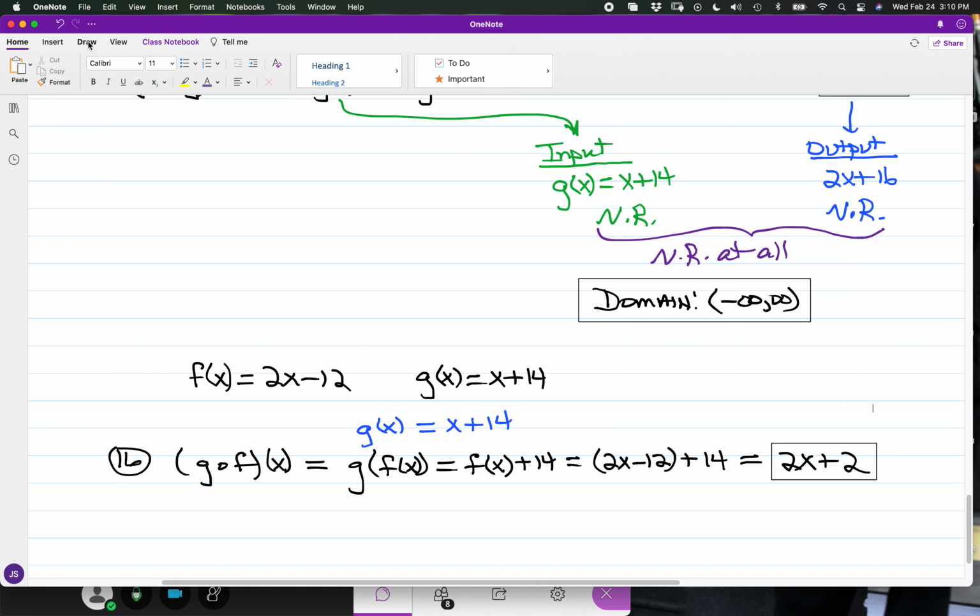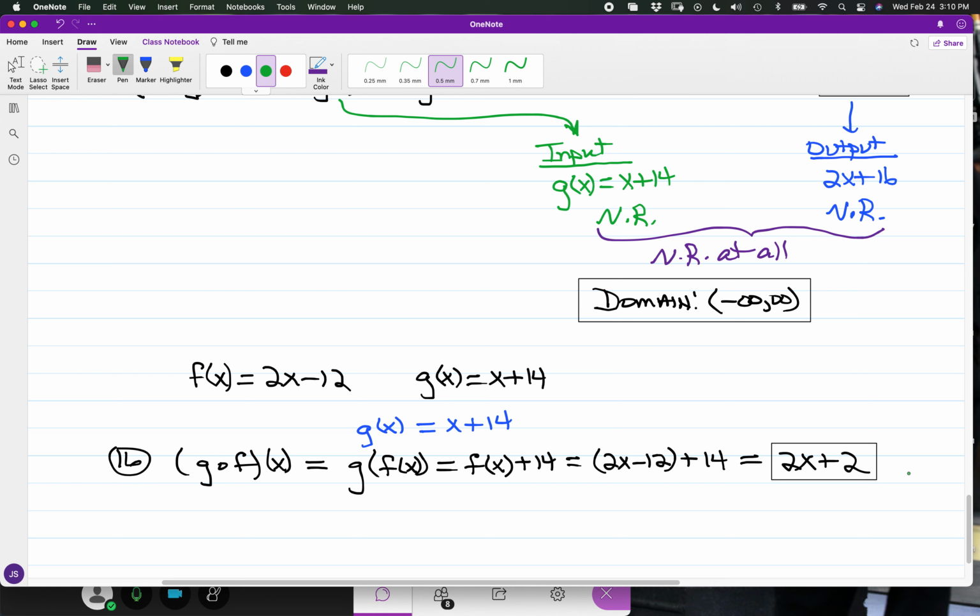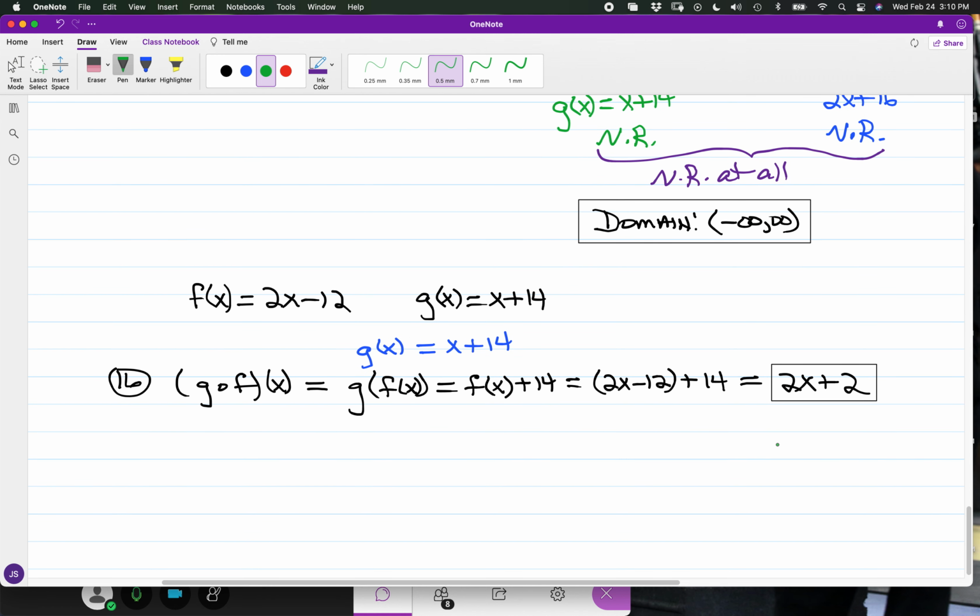In looking for the domain of this composition, once again with the input, f of x is equal to 2x minus 12. Again, no fraction, no even root radical, so we have no restriction.